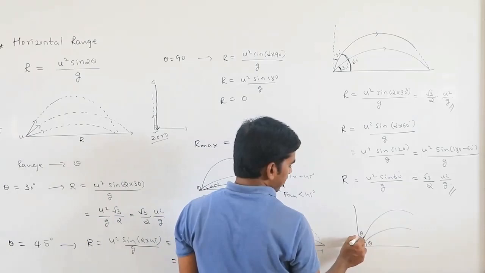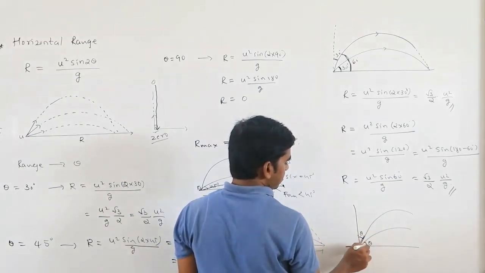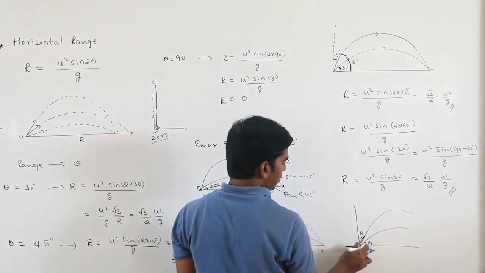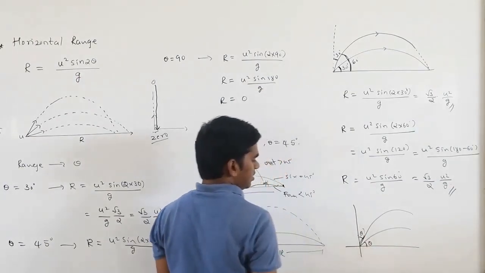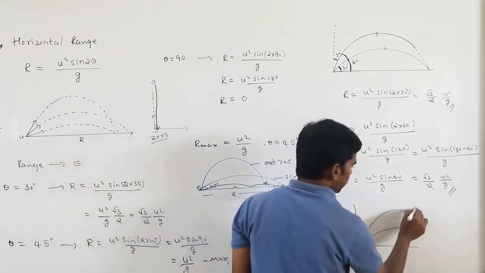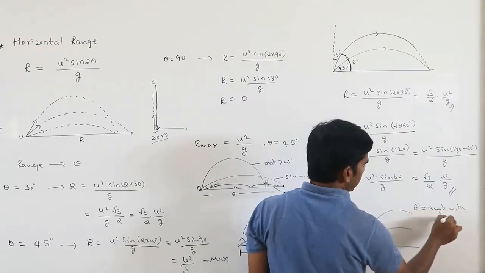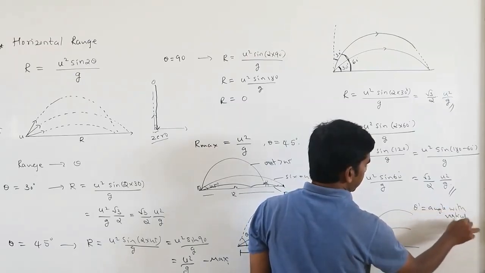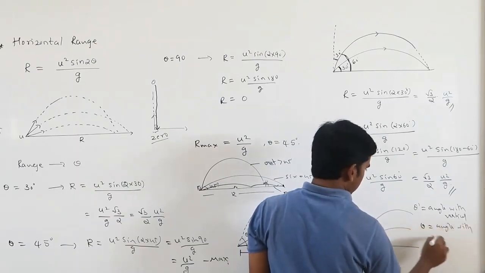Call this theta dash: theta dash is the angle with vertical, and theta is the angle with horizontal.